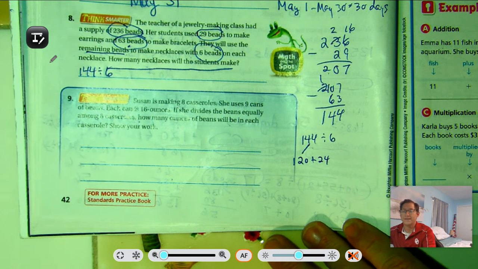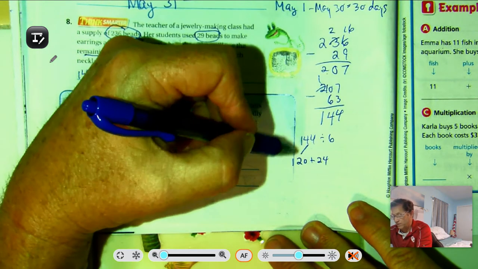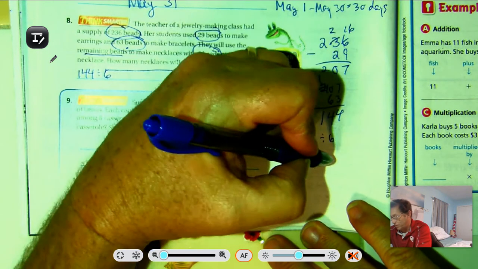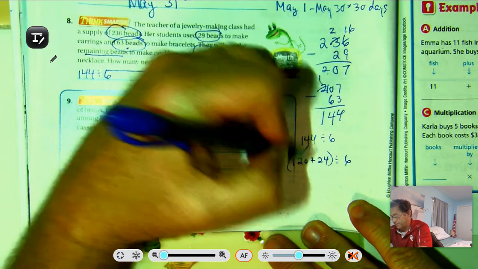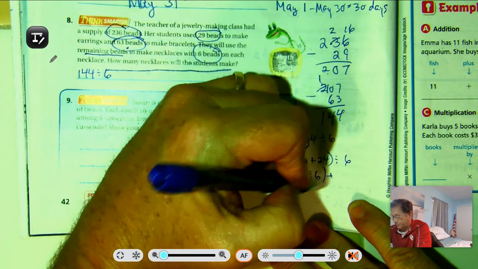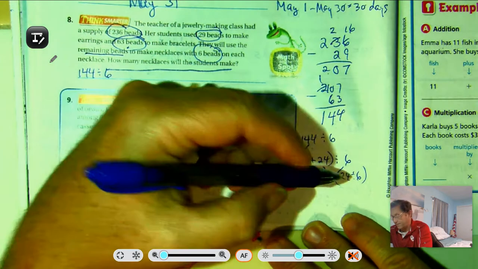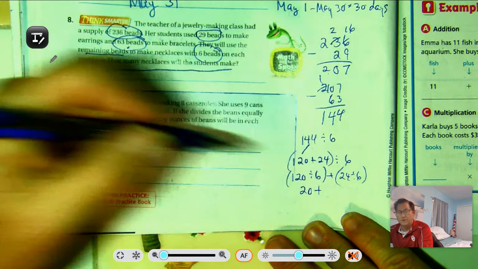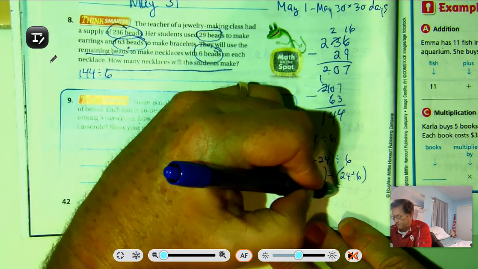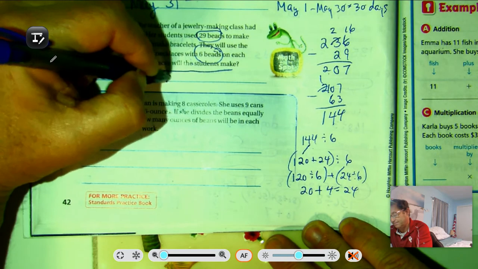Because 6 times 20 is 120. And if I take 120 from 144, that leaves me with 24. Okay, so 120 divided by 6 plus 24 divided by 6. 120 divided by 6 is 20. 24 divided by 6 is 4. That gives us 24 necklaces.